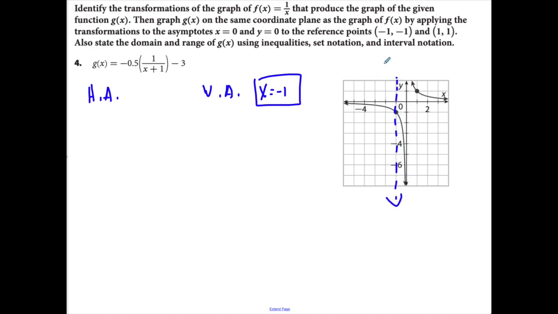Okay. Now, next, the horizontal asymptote is going to be y equals negative 3. I'm just going to pull it right off the end. And essentially, remember, what's happening with 1 over x plus 1 is either x is getting really big and 1 over x plus 1 is going towards 0, because you think about 1 over a big number, or x plus 1 is getting really small and 1 over x plus 1 is getting very large or far from 0, right?